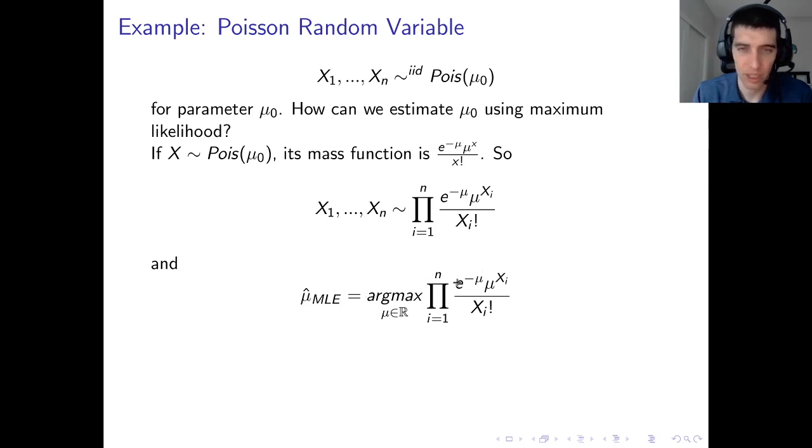Okay. And so it's typical. This just hopefully drives this point home a little more clearly, but we typically treat densities or mass functions as functions of the x values, right?